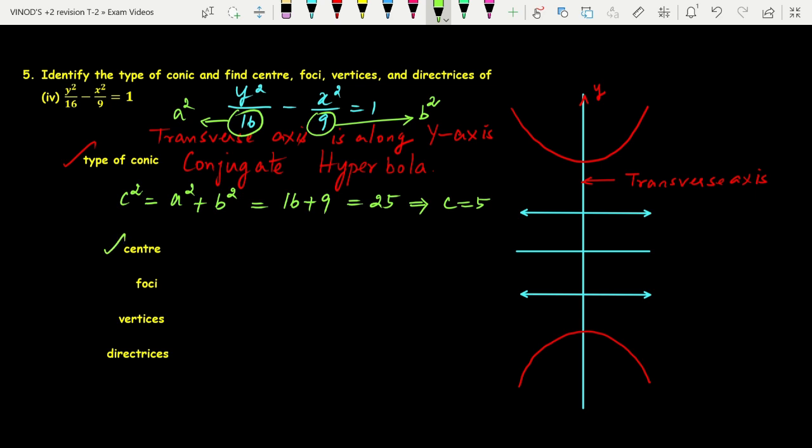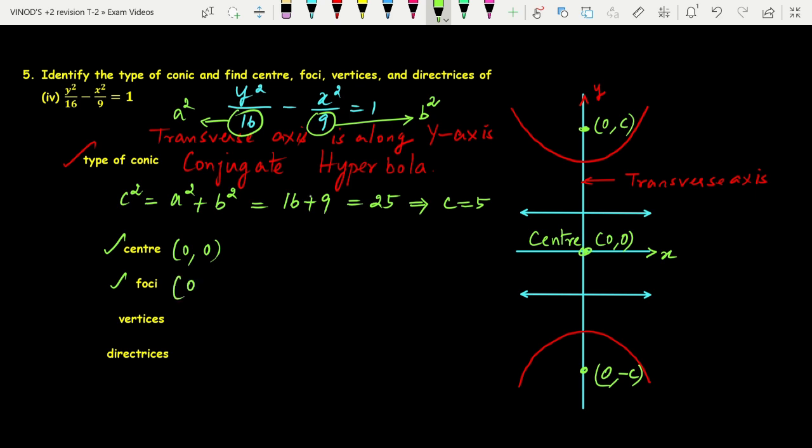Now center. The center is 0, 0. Center for the standard conjugate hyperbola is 0, 0. Foci above x-axis, the foci is 0, c, and below x-axis the foci is 0, minus c.